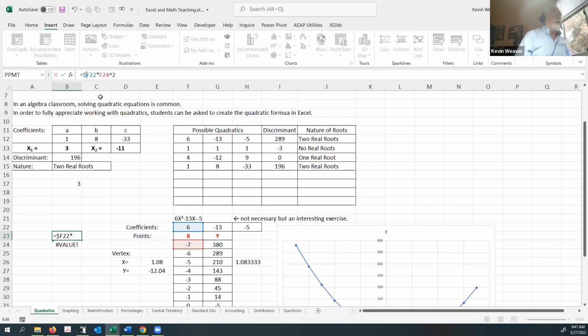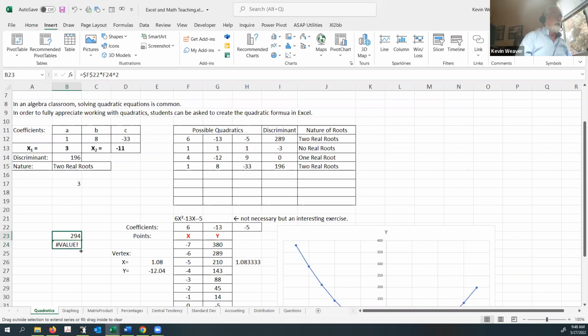If I put a $ sign in front of F, it will not change the column reference if I drag left or right. If I put it in front of the 22, it will not change the reference to row 22 when I drag up or down. And that's called an absolute cell reference.